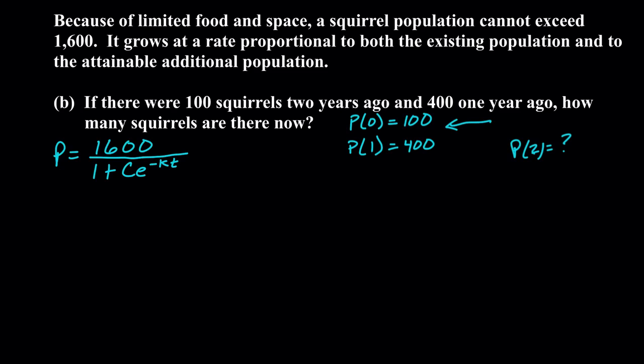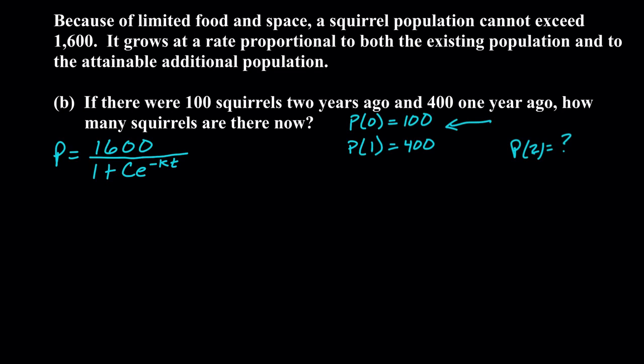All right, so once again, we got to find out the values of our two constants, C and K. Now, the importance of having an initial population, or P of 0, is that when we put 0 in for T, that takes both of these things out of our picture so that all we are left with is C, and we can solve for that.